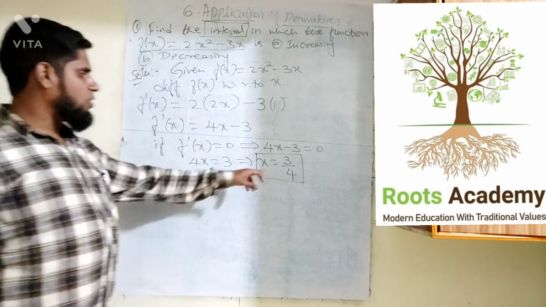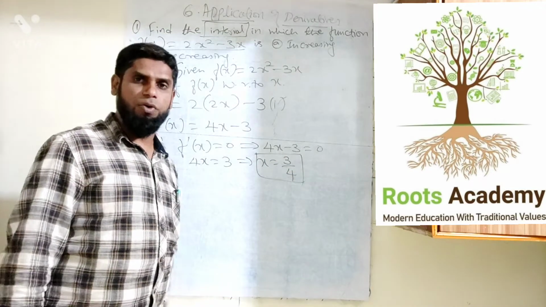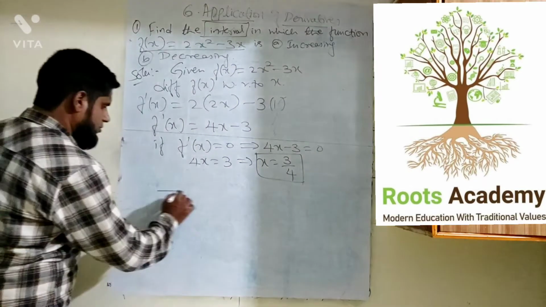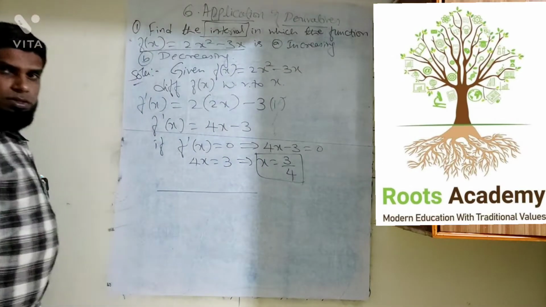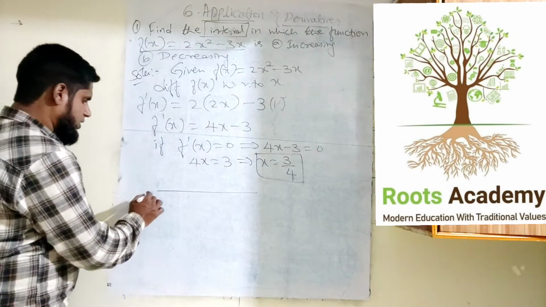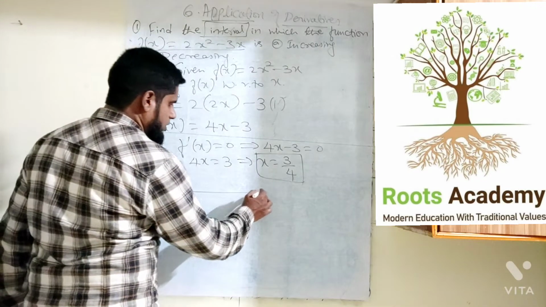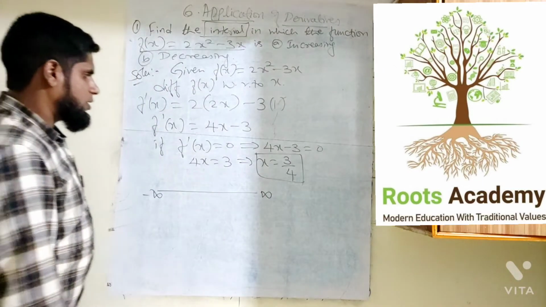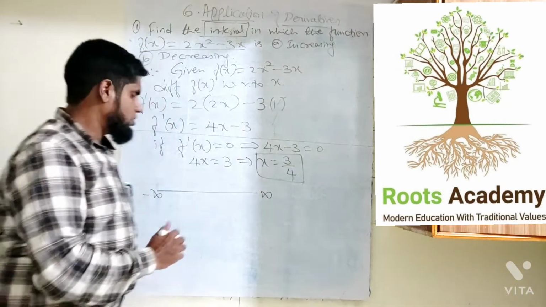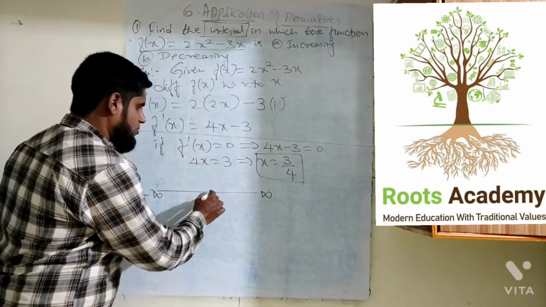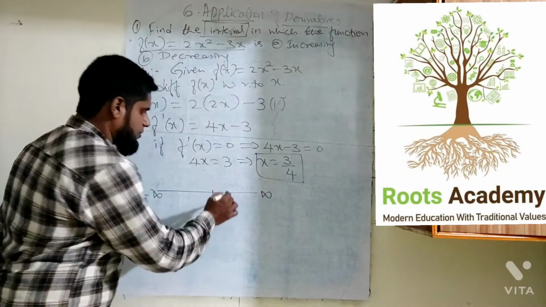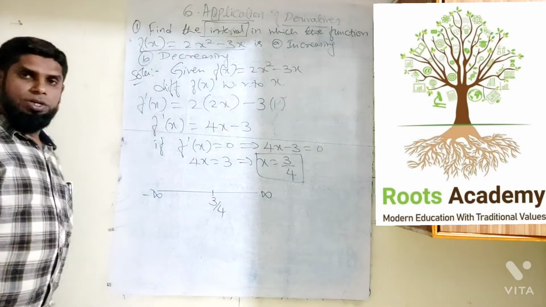I am getting the value of x as 3 by 4. So let us draw the number line. Towards my left hand side it is minus infinity, and towards my right hand side plus infinity. Then this is a positive value. So let me write this value somewhere closer to infinity, 3 by 4.